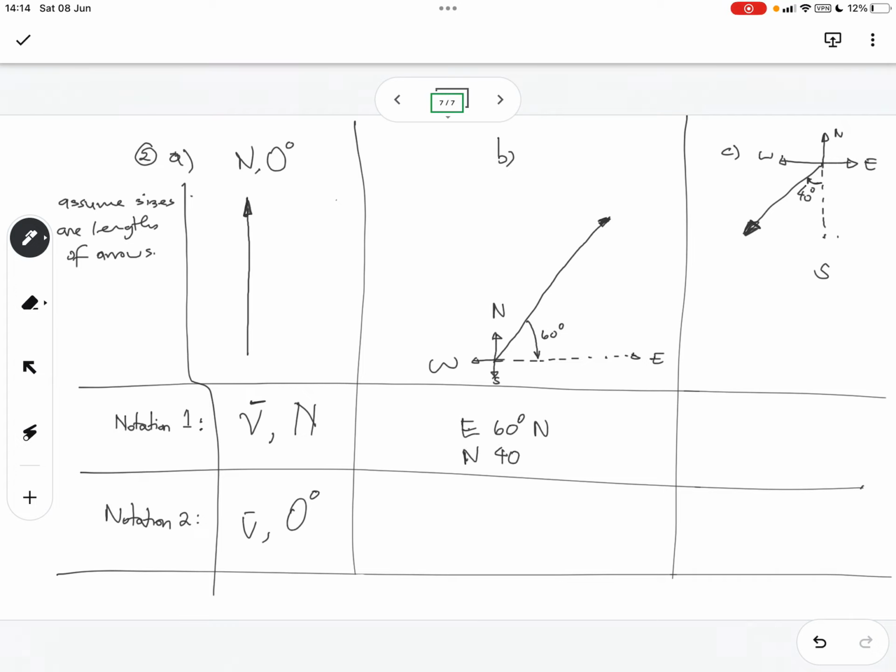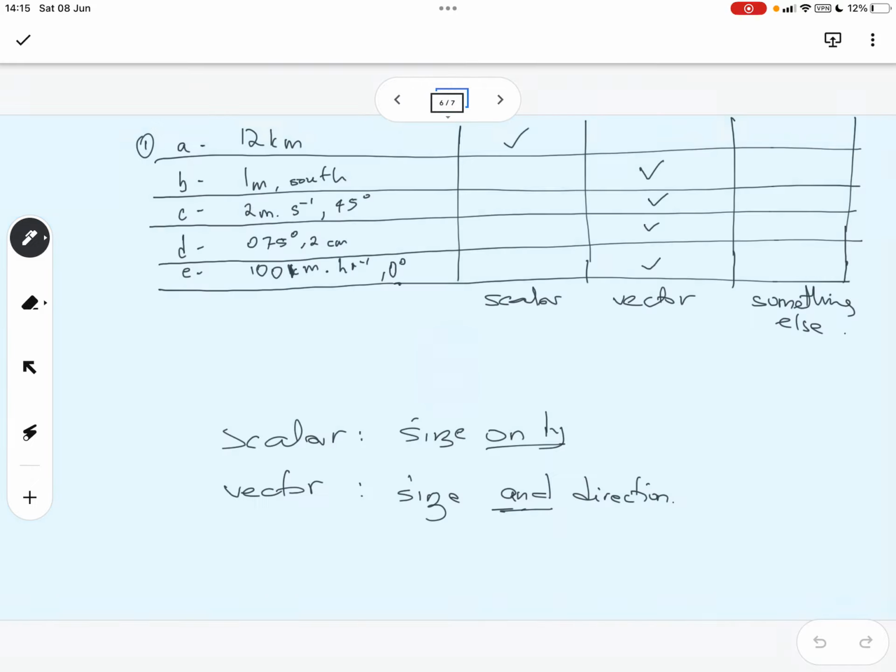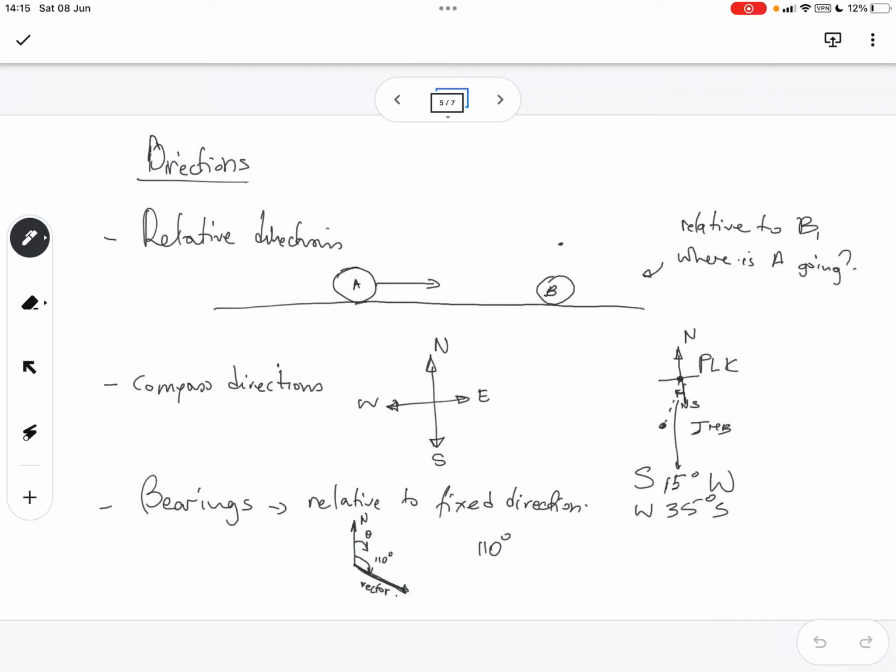So if the vector is starting along the east axis, then we will say east 60 degrees north. So you can say it's the vector and then it's east 60 degrees north or north 30 degrees east. Either or. And then what's the second way that we can express the same vector if we are looking at a bearing?